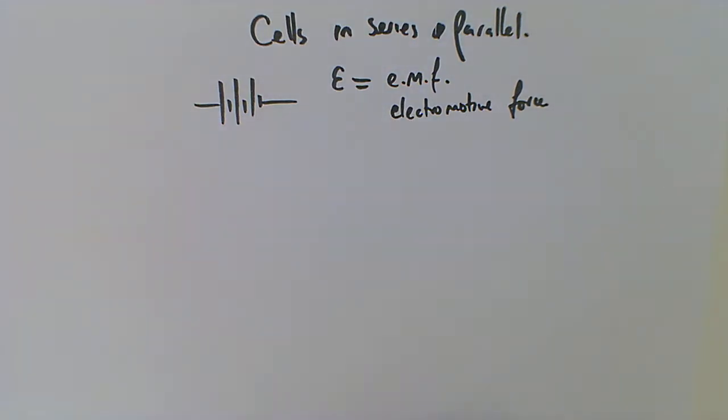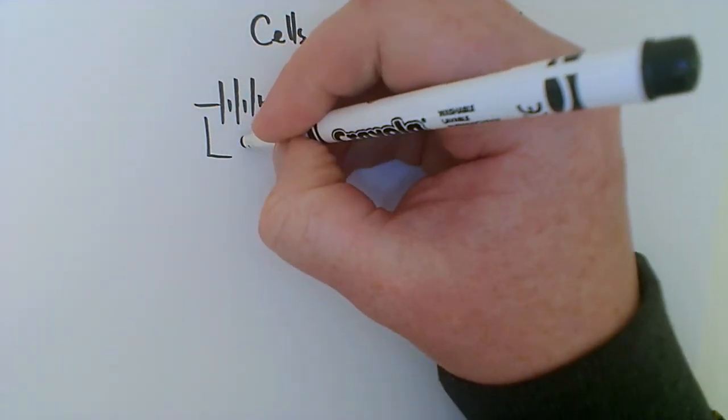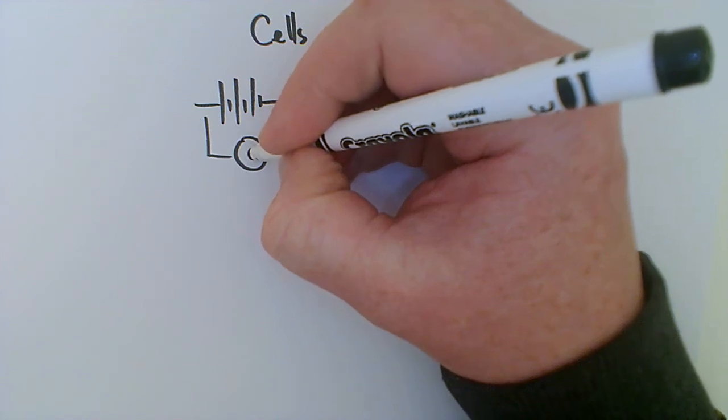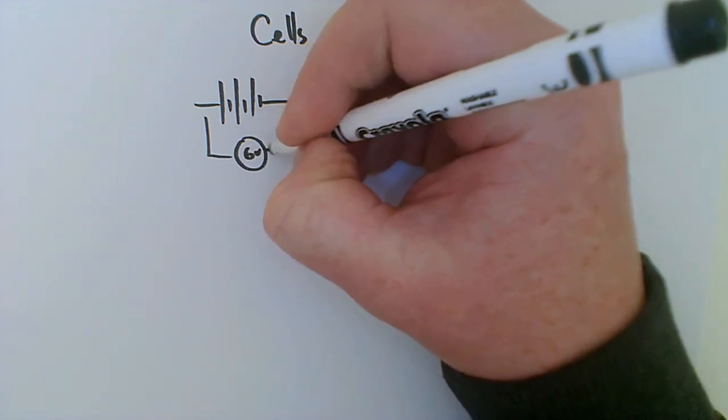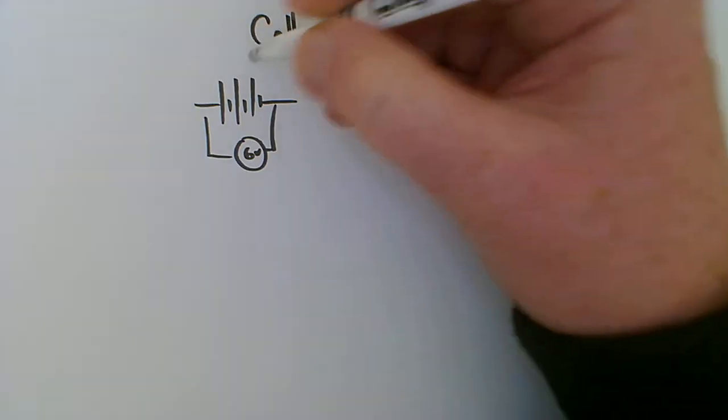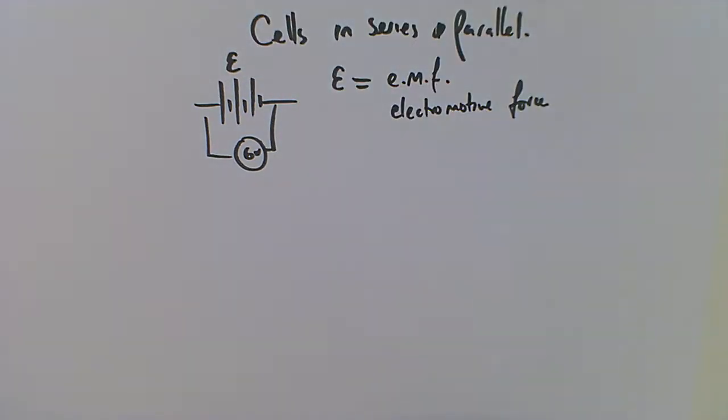Right, the electromotive force is basically telling us how much force the electrons are being pushed by, and it's measured in volts. So if we've got 6 volts across here, the EMF is 6 volts. It's the energy that's delivered to the circuit.